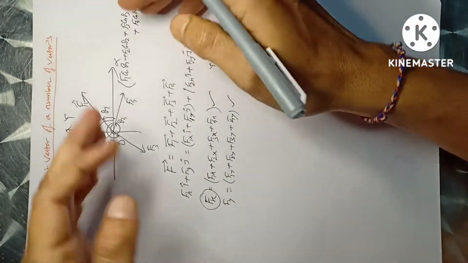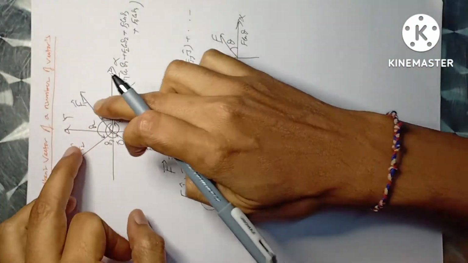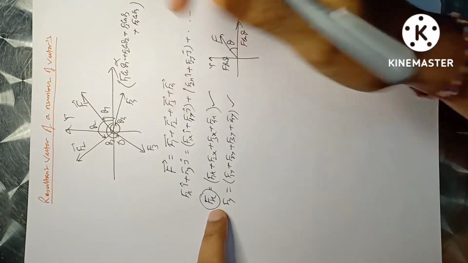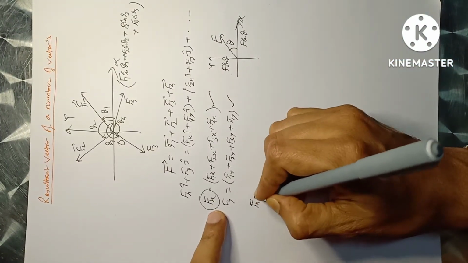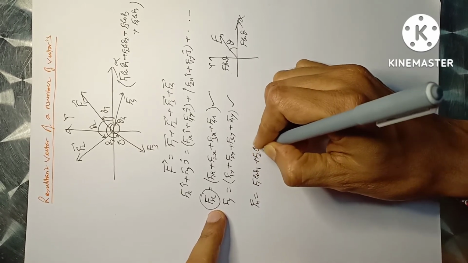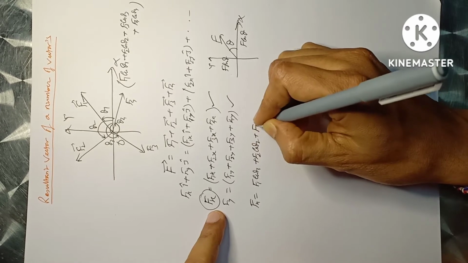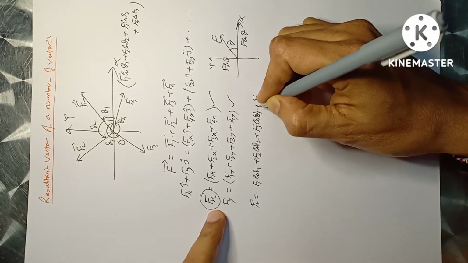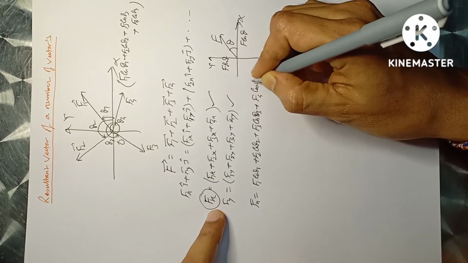These are all the x components of the individual vectors, therefore this is equal to fx. So we can write fx equal to f1 cos theta 1 plus f2 cos theta 2 plus f3 cos theta 3 plus f4 cos theta 4.